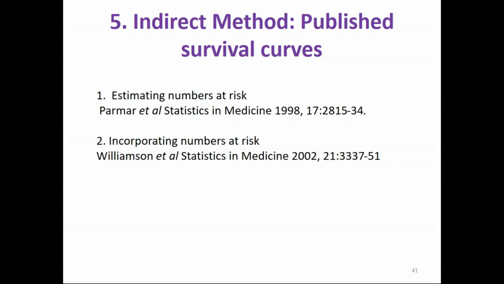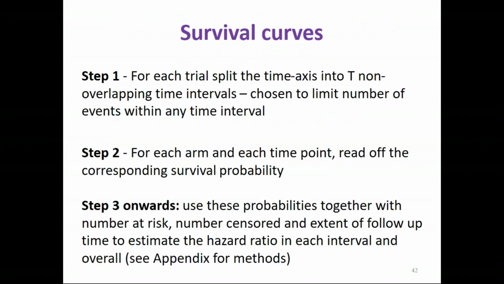So the approaches are very similar, and don't be too concerned about the actual methods. Both of these papers do go into quite a lot of detail about how the algorithm works. However, this has all been translated into an Excel spreadsheet, which I'll refer to at the end of the webinar, and all of the calculations are conducted within that spreadsheet.